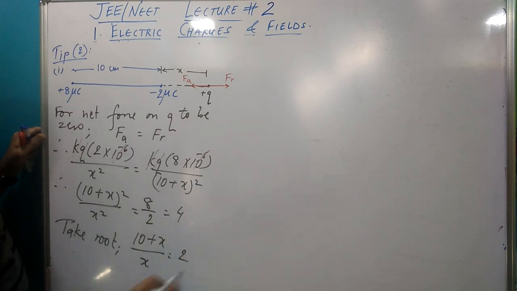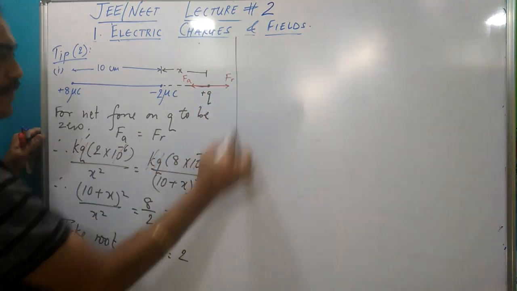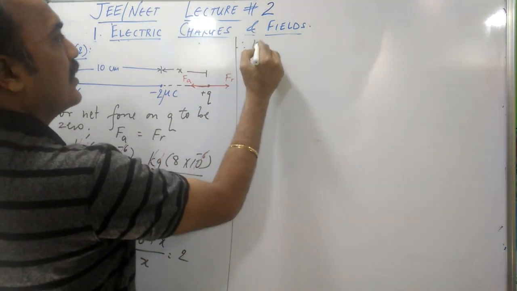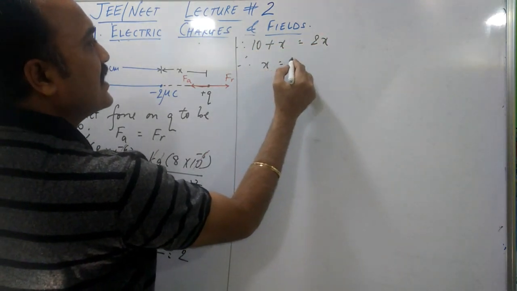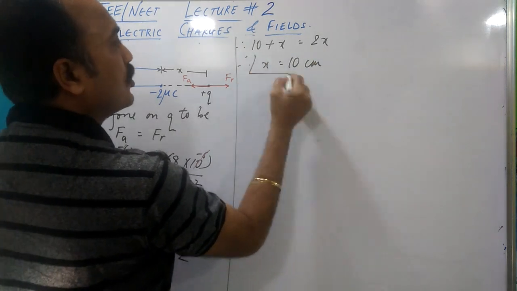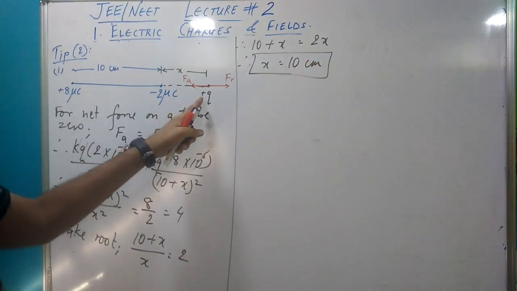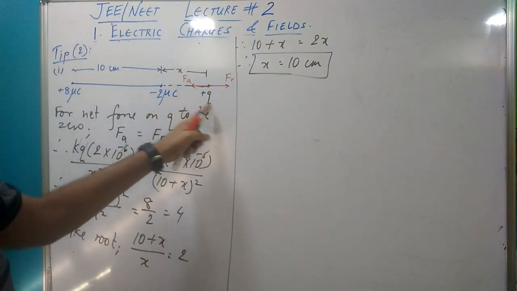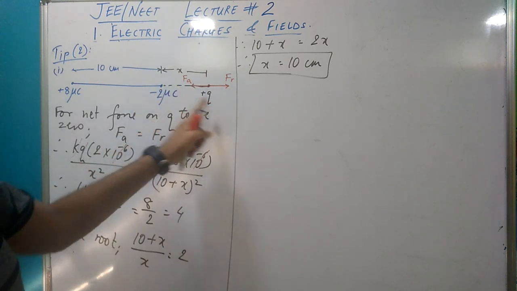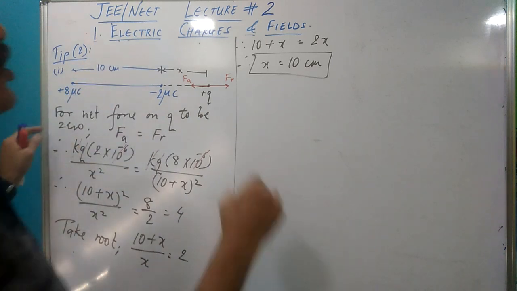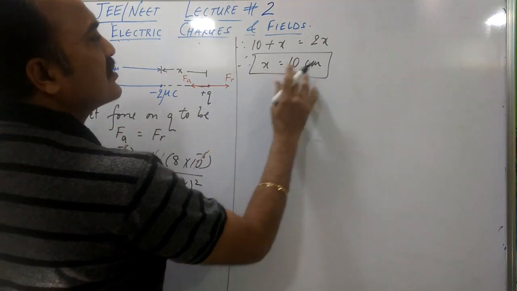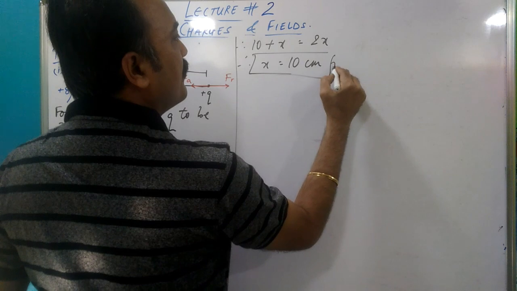What is the root of 4? 2. Let me take 2 there. So, 10 plus x is 2x, which gives me x is equal to 10. So, the third charge Q is at a distance of 10 centimeter to the right of minus 2 microcoulomb.